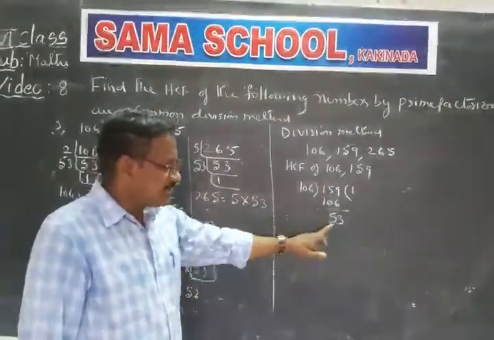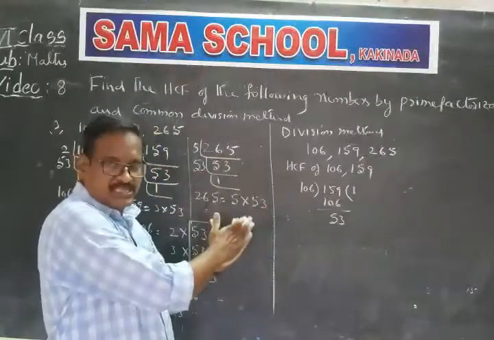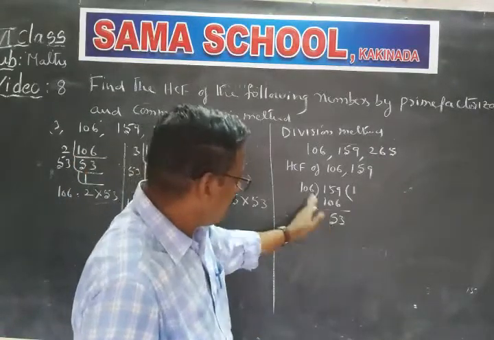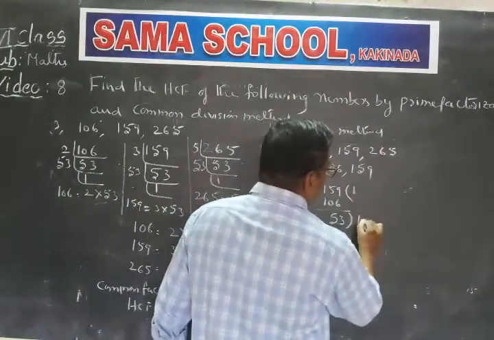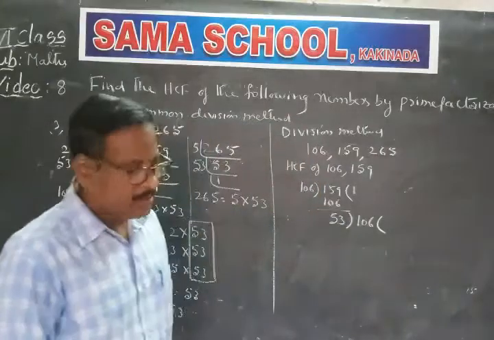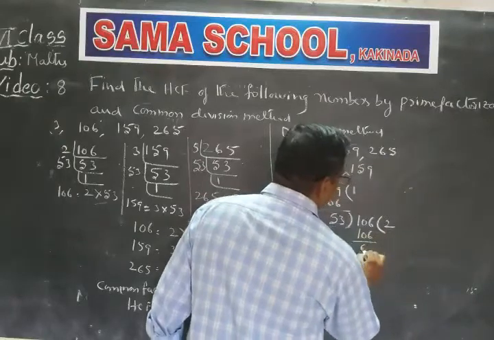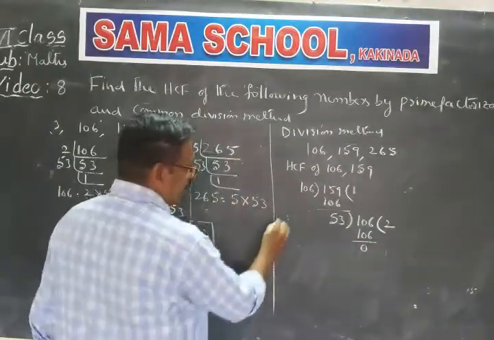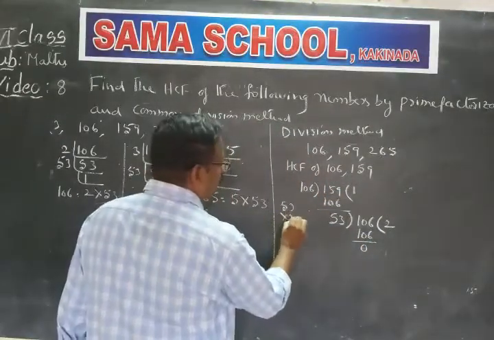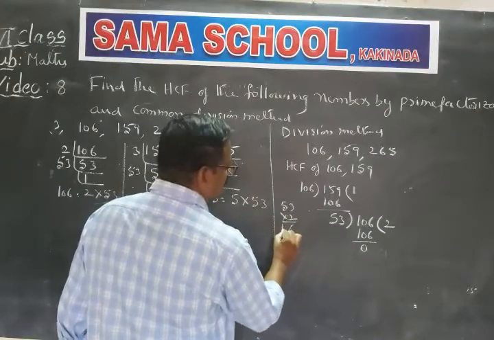Now this remainder becomes the new divisor, and the first divisor is divided by it. So 106 divided by 53: 53 2s are 106, because 2 3s are 6 and 2 5s are 10.